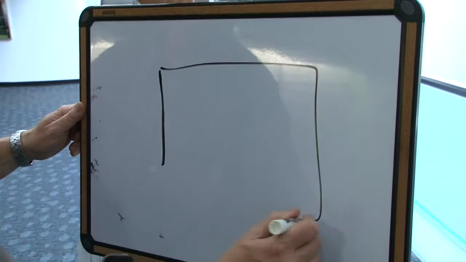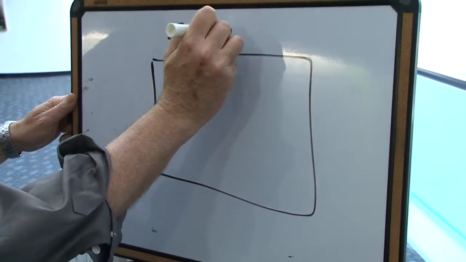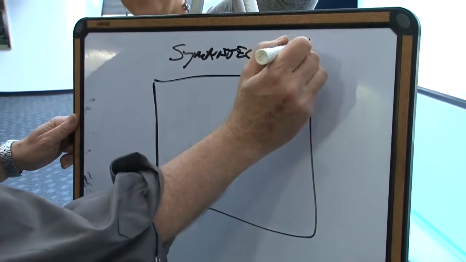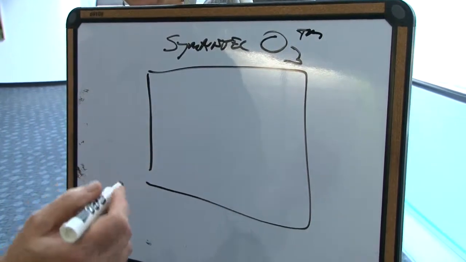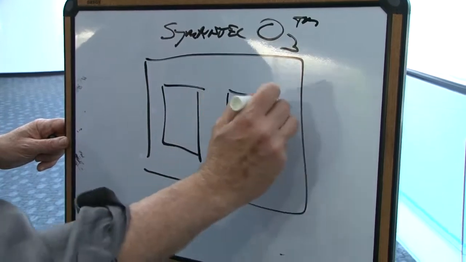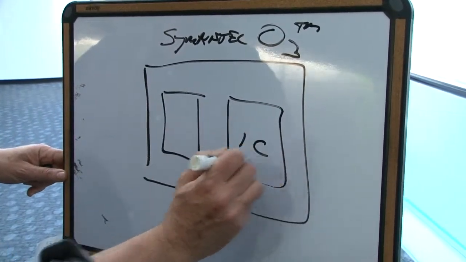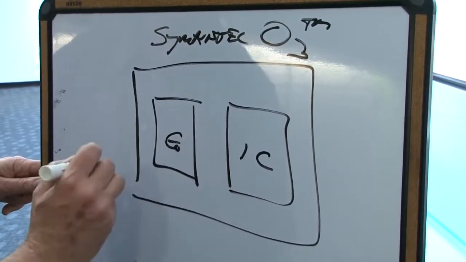Okay, sure. We're going to draw a big box here, and we'll call it Symantec O3. And we'll put the trademark on it, how's that? There's two primary components to Symantec O3. One we call the Symantec O3 Intelligence Center. The other one is the Symantec O3 Gateway.